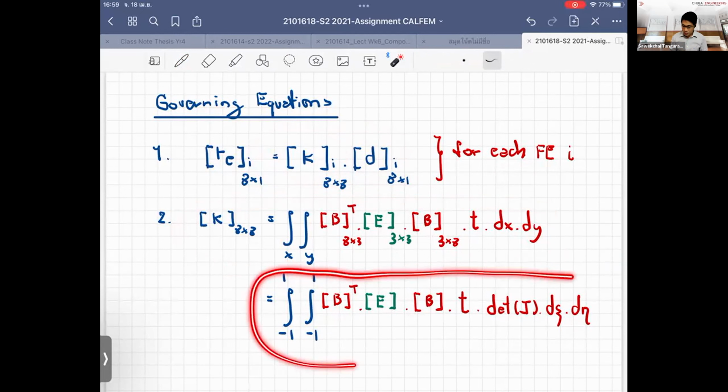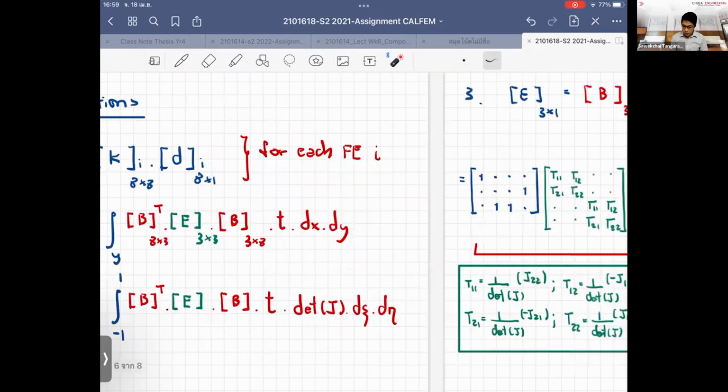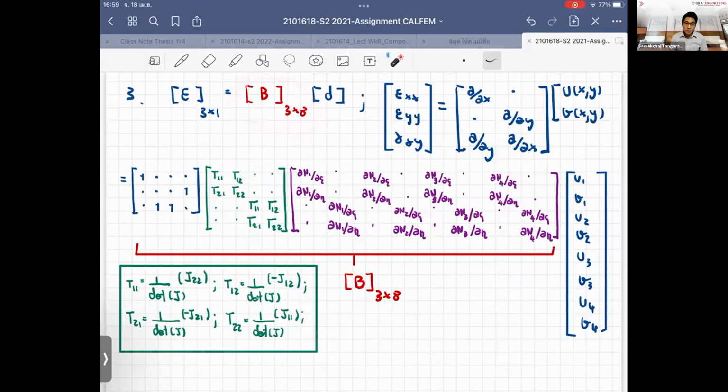So we use this isoparametric element, right? For the integration we use the 4 Gauss point quadrature, and you just need to define the B matrix, which is the derivative of the shape function, and it's been derived into these equations here. This is a transformation. This is the inverse of the Jacobian matrix, right?